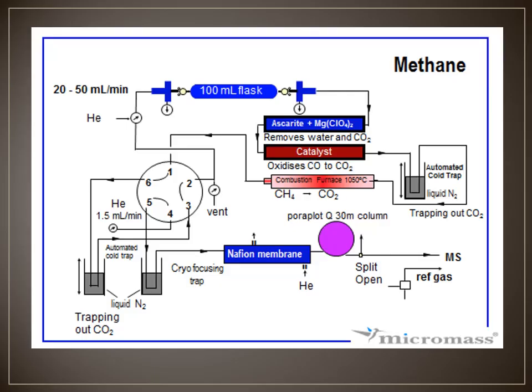We can see here when the sample was injected, it will pass through the trace gas to remove the water. Then after removing the water, use oxidation to transfer the carbon monoxide to carbon dioxide and remove the carbon dioxide by the cold trap.